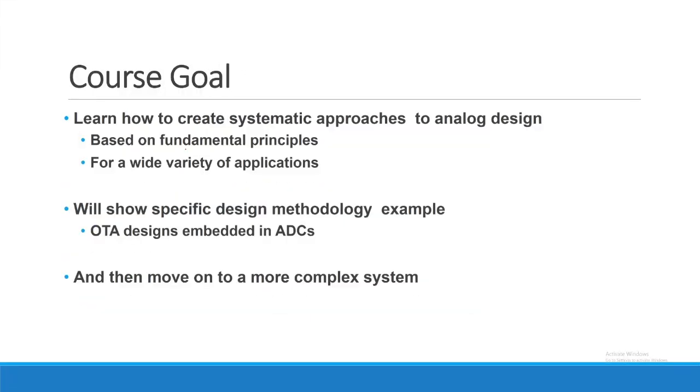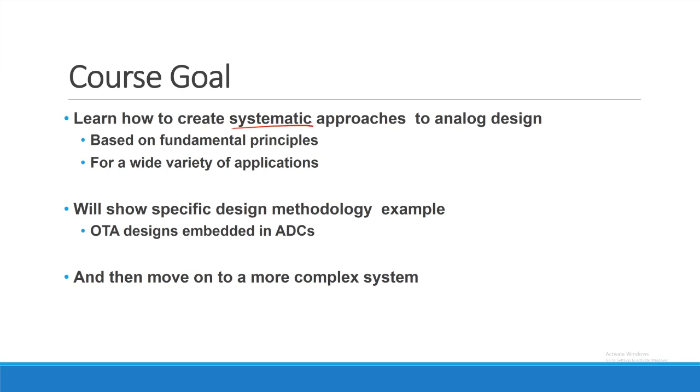Now, the other key point, or really the goal that we need to get to in order to enable you to do that, is to understand how you create systematic approaches to doing analog design. By systematic, I mean based on some set of fundamental principles, where you can write out a design document that says, here are the steps I should take to get from point A to point B, and that tells me what certain things are going to cost.